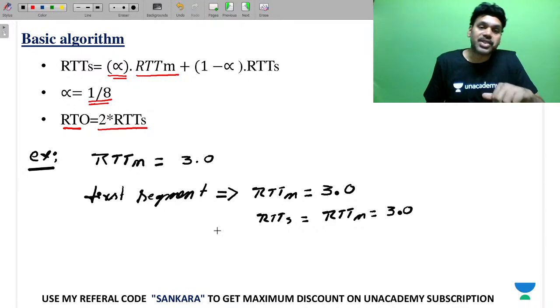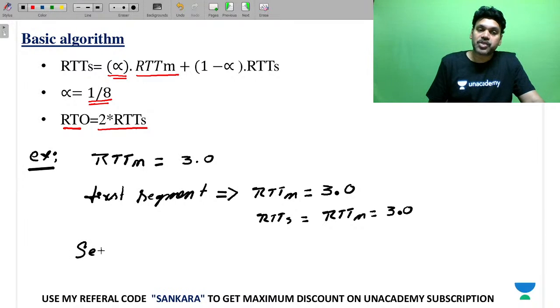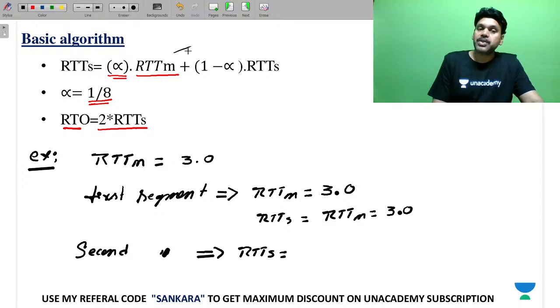In the next transmission, that means the second segment, RTTS is going to be computed using this equation. What is that equation? Alpha times RTTM, alpha is 1 by 8.